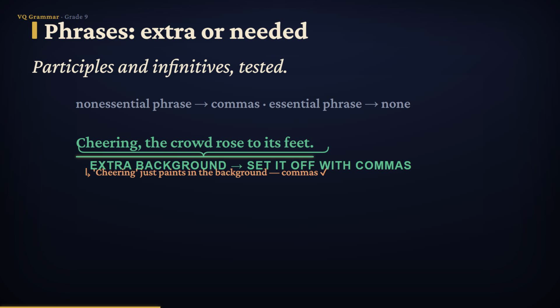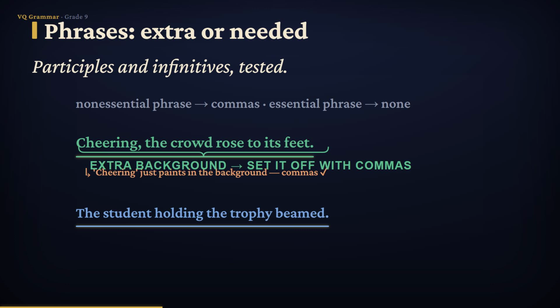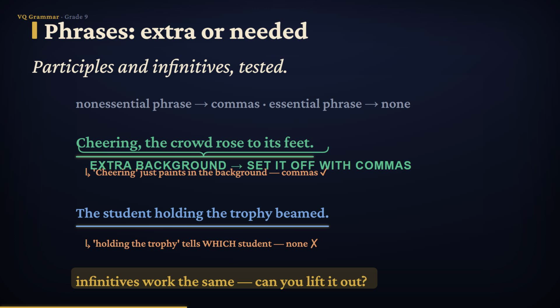Now this. The student holding the trophy beamed. That phrase, holding the trophy, tells us which student out of many, so it's essential, and it takes no commas. Infinitive phrases follow the very same rule. Her one wish, to travel the world, could be lifted out, so it's non-essential. Always ask, can you lift it out?